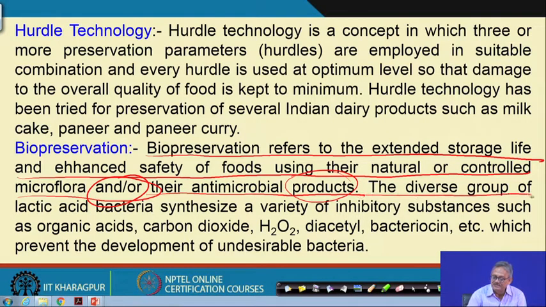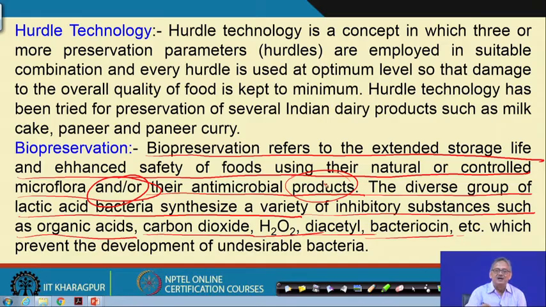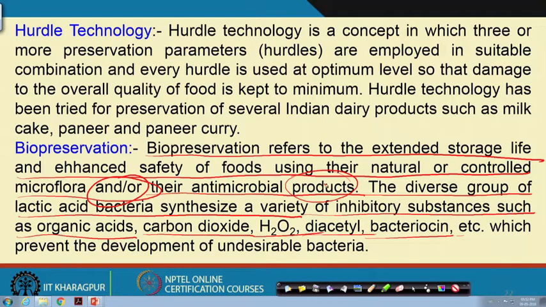The diverse group of lactic acid bacteria synthesize a variety of inhibitory substances such as organic acids, carbon dioxide, hydrogen peroxide, diacetyl, bacteriocin, etc. So, by the organisms you are creating many substances, one or many in combination, which are acting against the organisms.